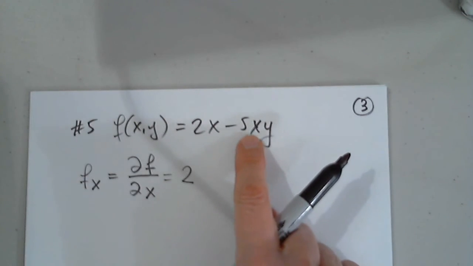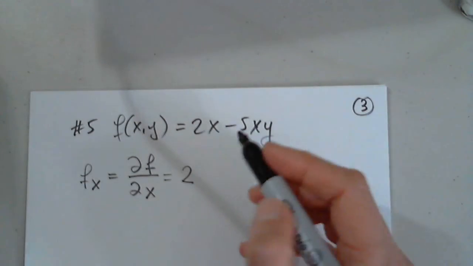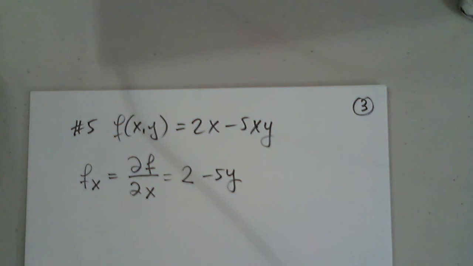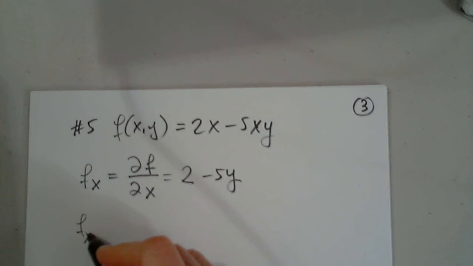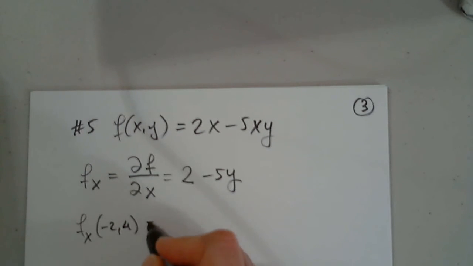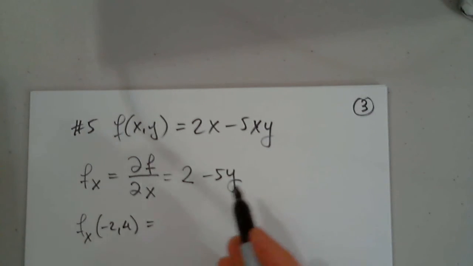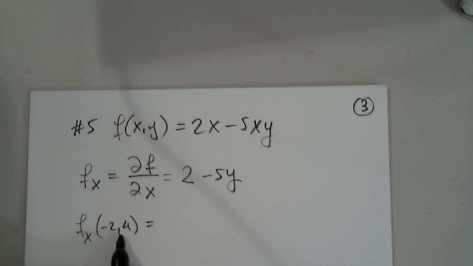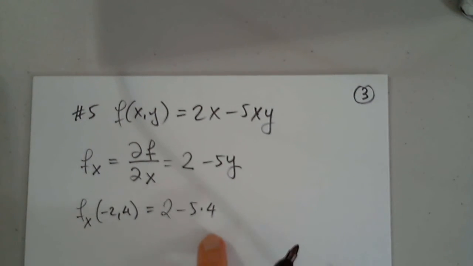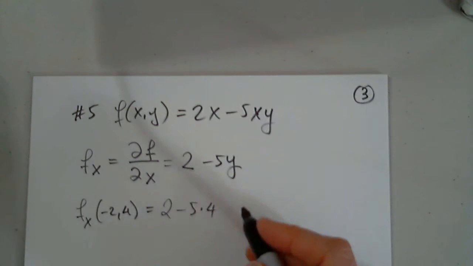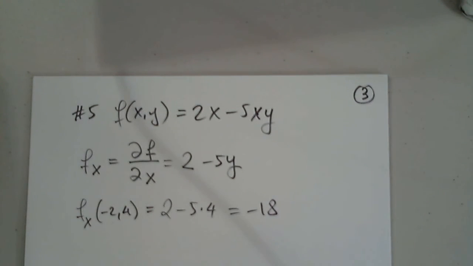So I differentiate -5yx, which I get -5y. And then we're asked to evaluate, and they're giving us -2, 4. So fx at -2, 4. X is -2, and I have no x. And y is 4. So this is 2 minus 5 times 4. 20 with minus in front and plus 2. -18.